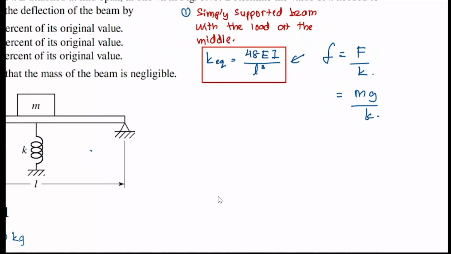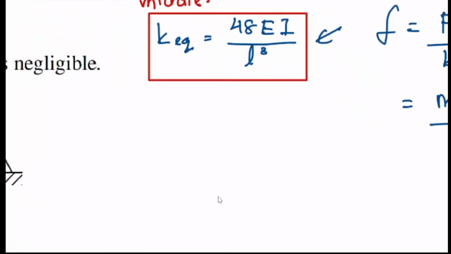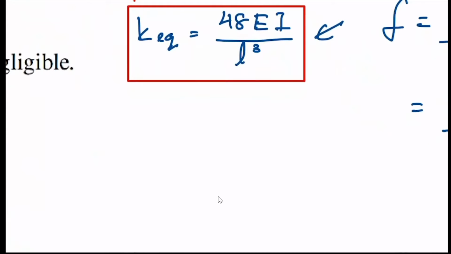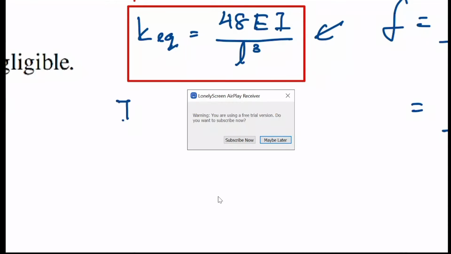Now we're going to find the K, but inside this K formula, we don't know the I. So we have to find the I first. The formula of I for a beam is 1/12 times the width times the depth to the power of 3.